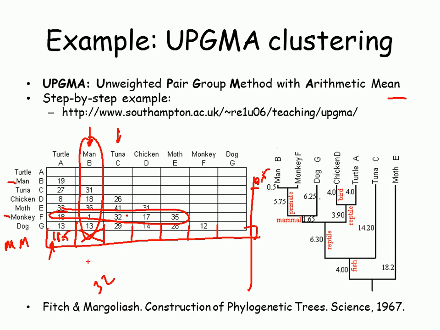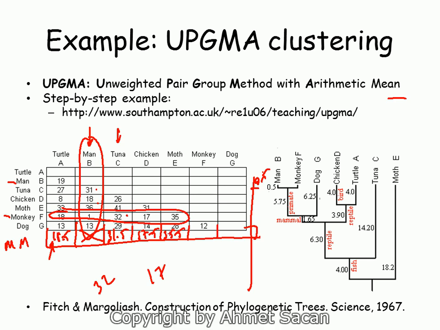The distance between man and tuna is 31. That gives us 31.5 average. Okay. Next is chicken. Chicken and monkey is 17. Man and chicken is 18. That gives us 17.5. Moth and monkey is 35. Moth and man is 36. That gives us 35.5.